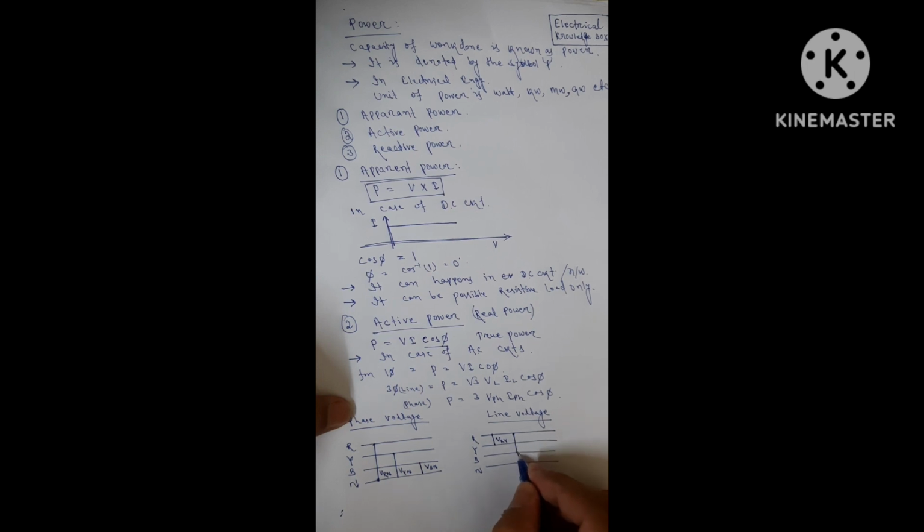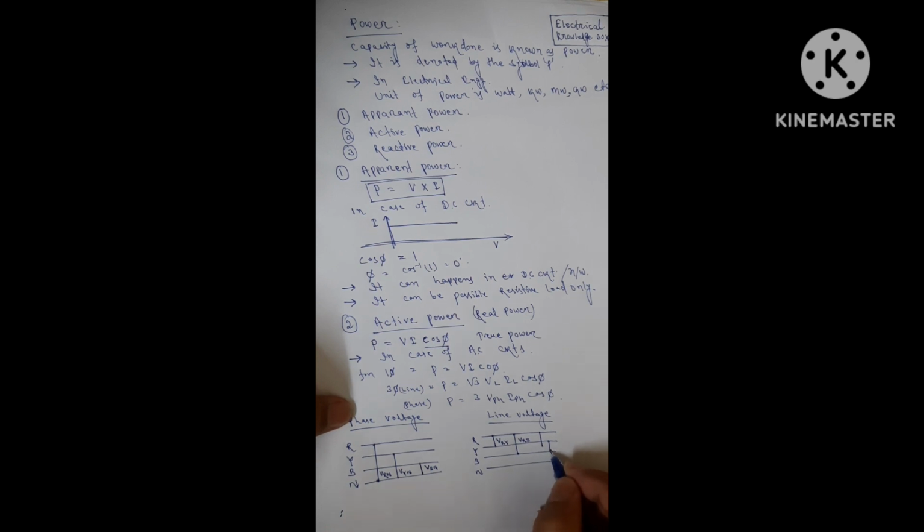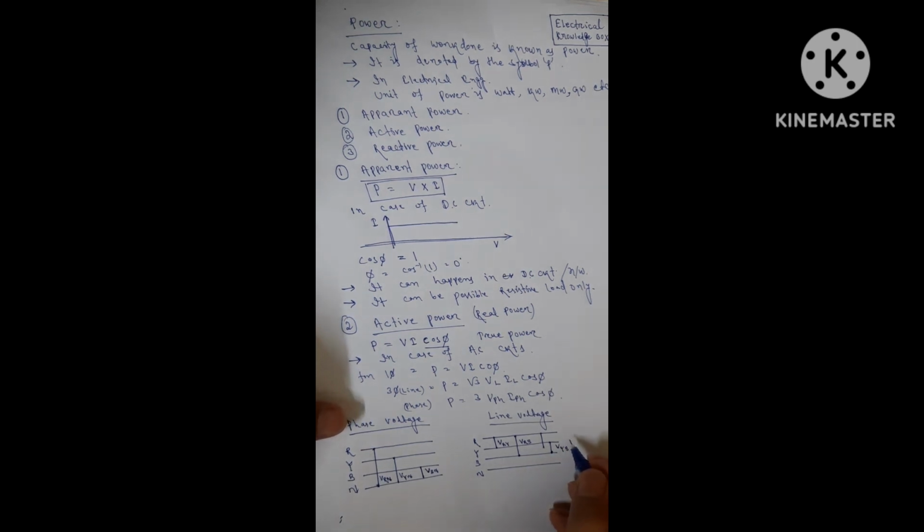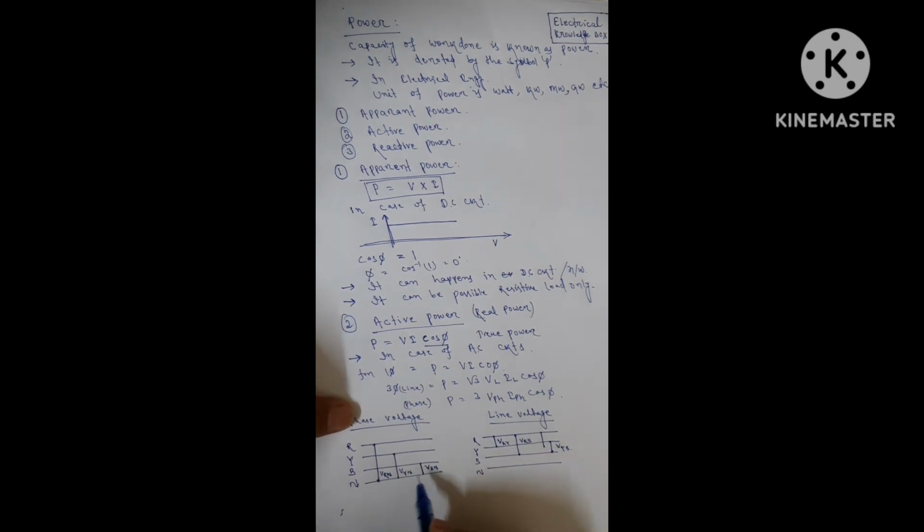R to B, this is your line voltage between R and B. Y to B, this is your line voltage between Y and B, VYB. Now three line voltages, and here also three phase voltages.